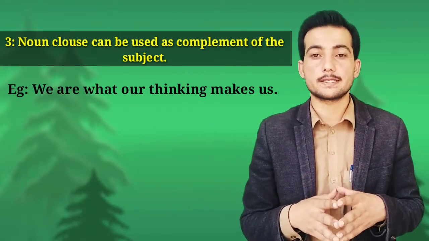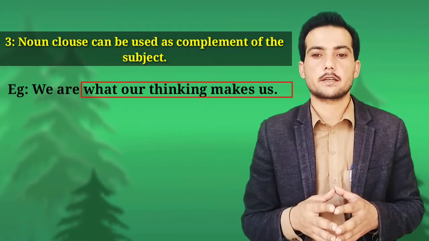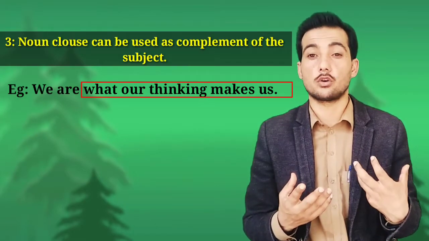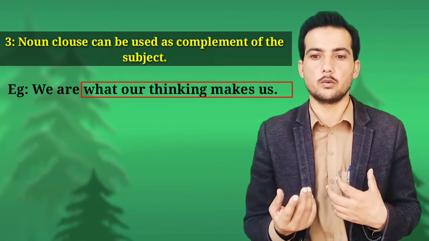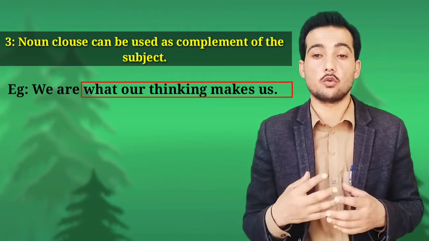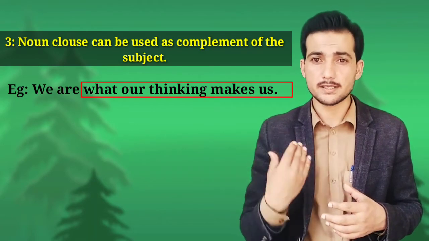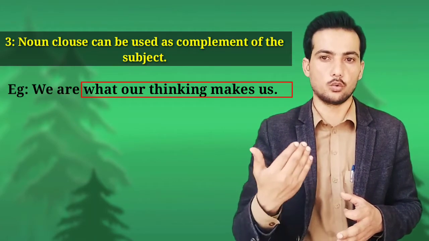So this sentence consists of a noun clause, that is what our thinking makes us. As we said earlier, a noun clause starts with words like what, that, whatever, whomever. So again, it starts with the word what, and after that our thinking is a subject, and after that a verb that is makes, and it is also a group of words.